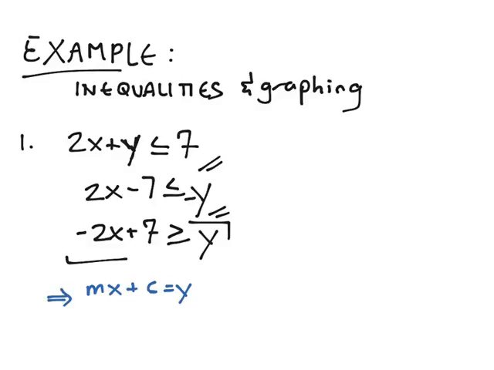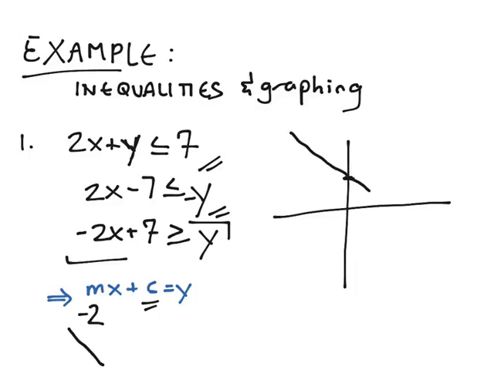That's our line equation from earlier. And using this, we can graph our inequality. Our m is -2, so our slope will be like that. Our c, our y-intercept, is 7, and that gives us our line.